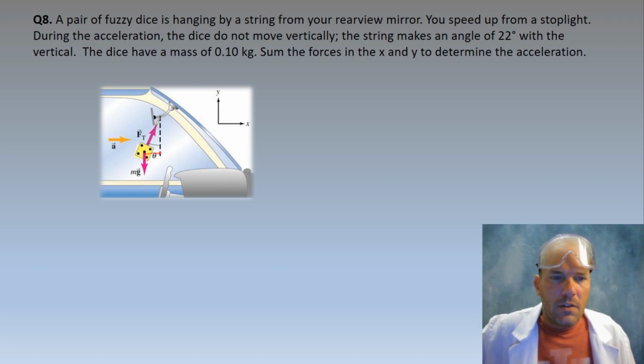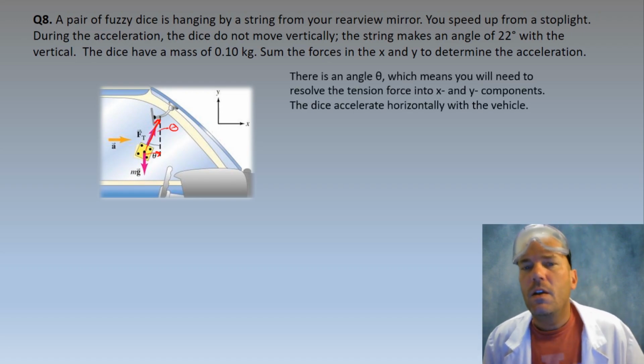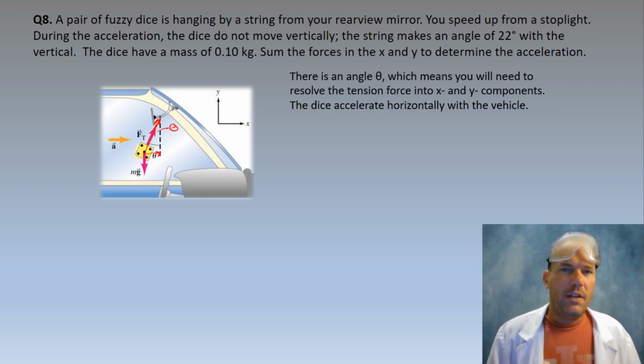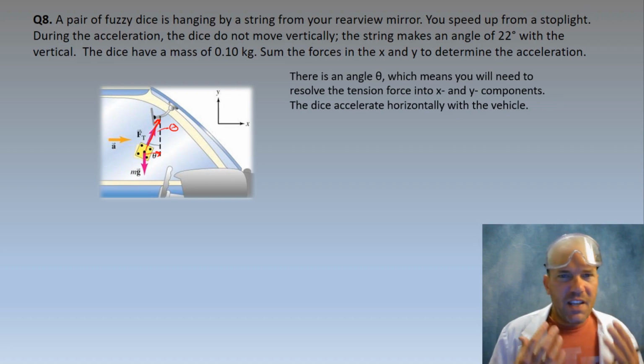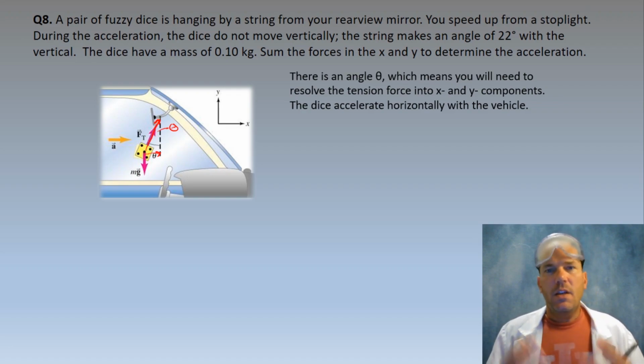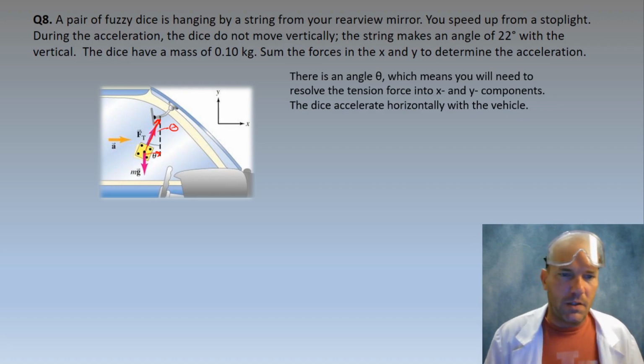So you could actually draw in some additional information here, and of course theta is there. We're going to need to use trigonometry to resolve the force of tension F sub t into its vertical and horizontal components.